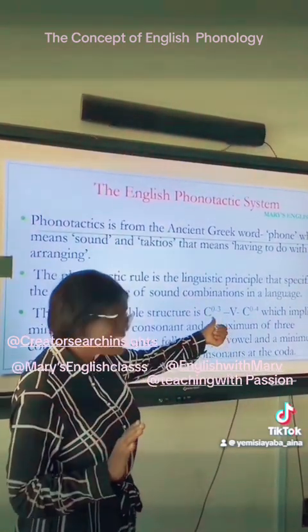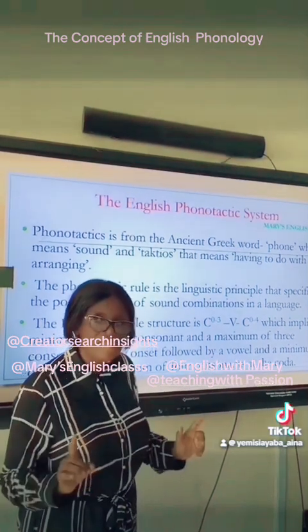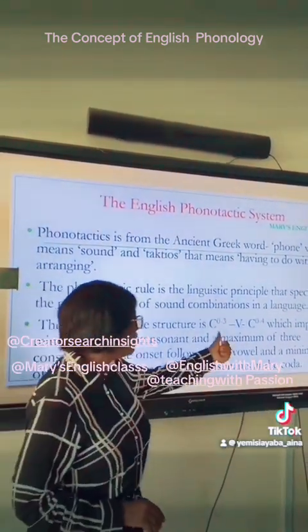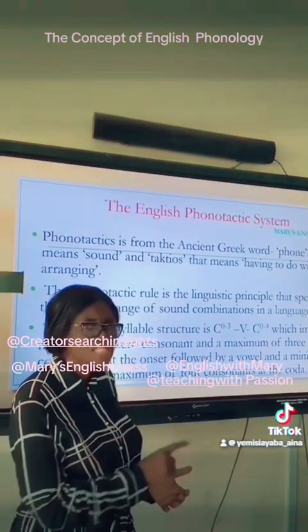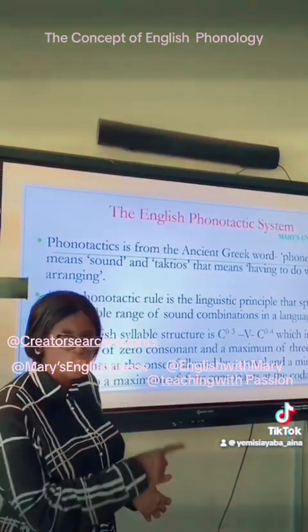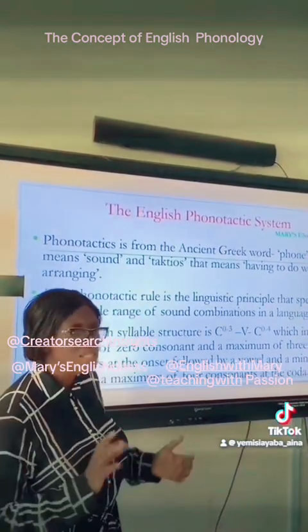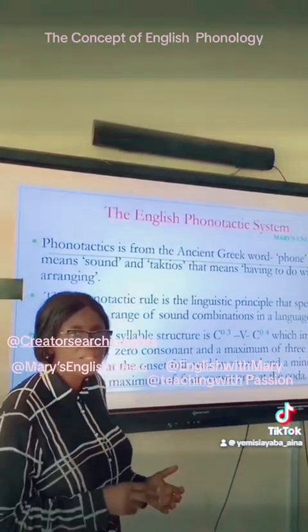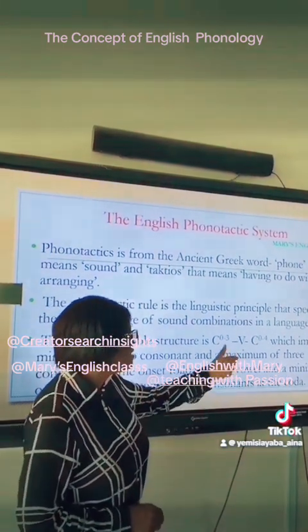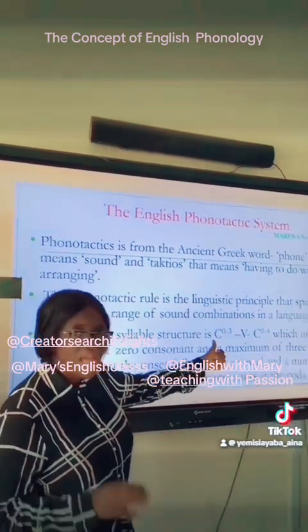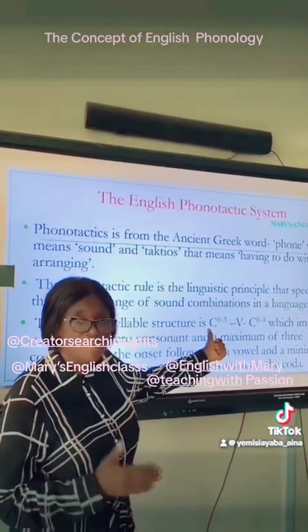At the onset, you cannot exceed three consonant clusters in the English language. So with C3, you can have splash, screw, spray, and so on. That's the maximum. The minimum is not to have any at the onset.